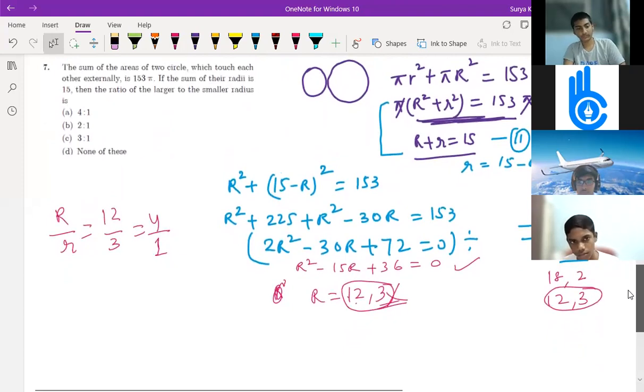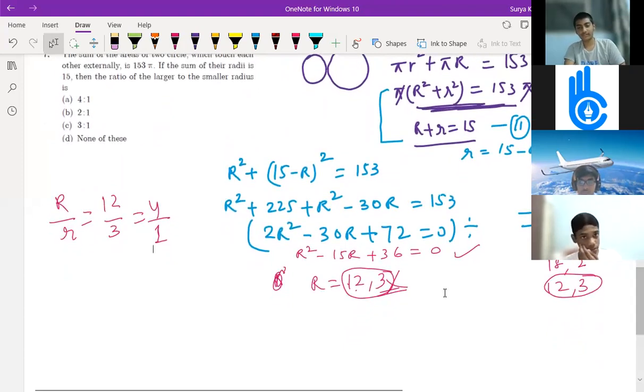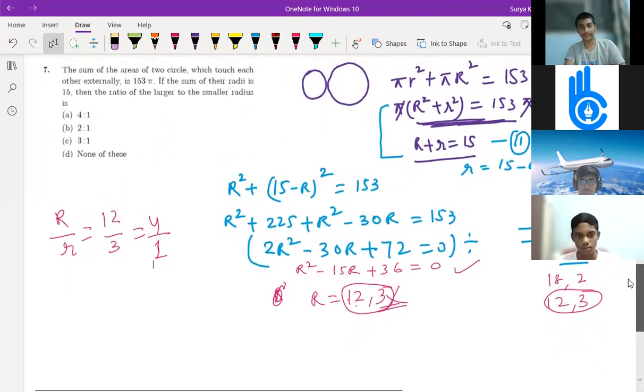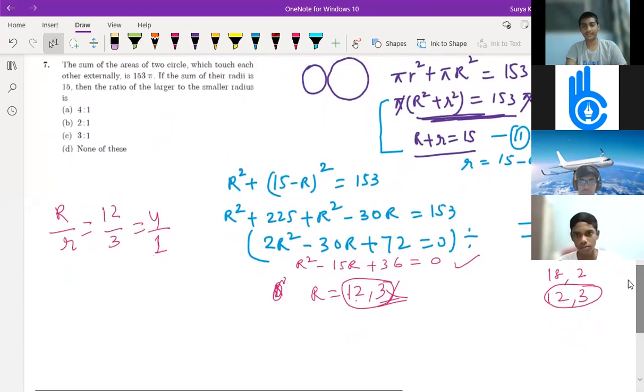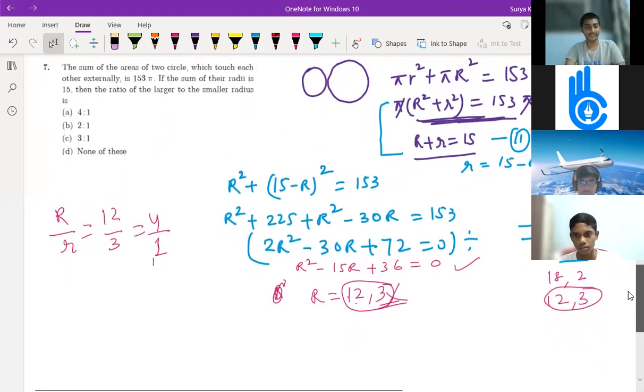Question number 7th. So why is all of this so long to process? Yeah, correct. Is there an easier trick for a 1 mark question, to not waste this much time to solve? Correct. It took us 10 to 15 minutes to solve just this one question.